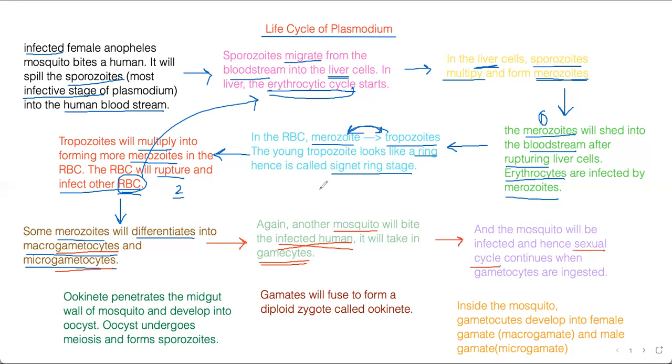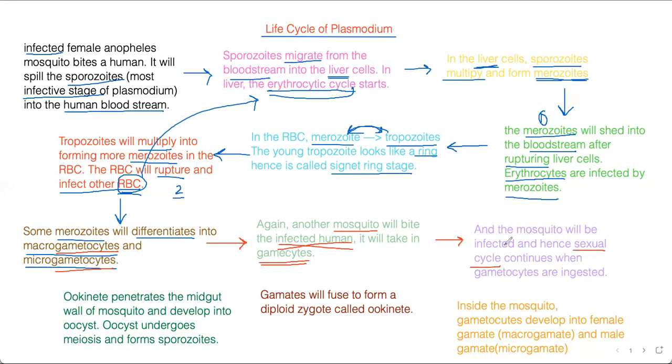You have to always remember that the human is the intermediate host. In human, sexual reproduction does not take place. Only asexual reproduction takes place in human, which is the intermediate host. But in the definitive host, that is the female Anopheles mosquito, sexual reproduction takes place.